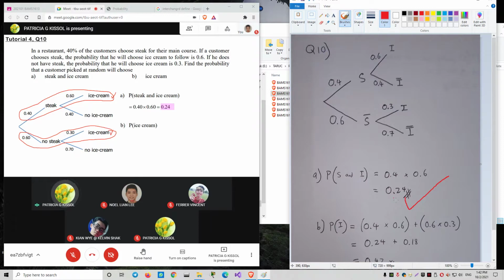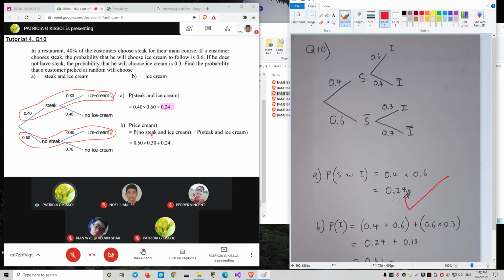So when the question is only asking for the probability of ice cream, what you need to do is to multiply the ones that I have circled, no steak and ice cream, steak and ice cream, and add them up.